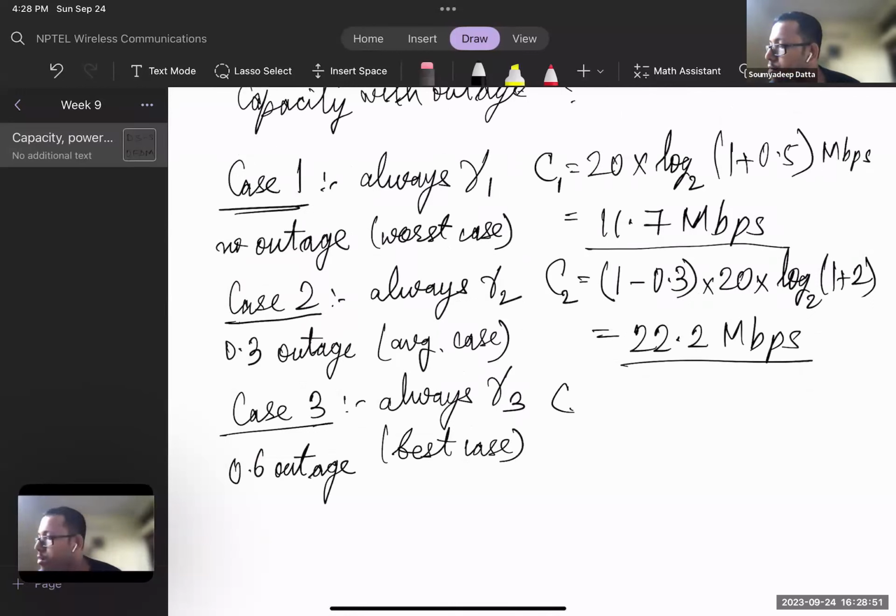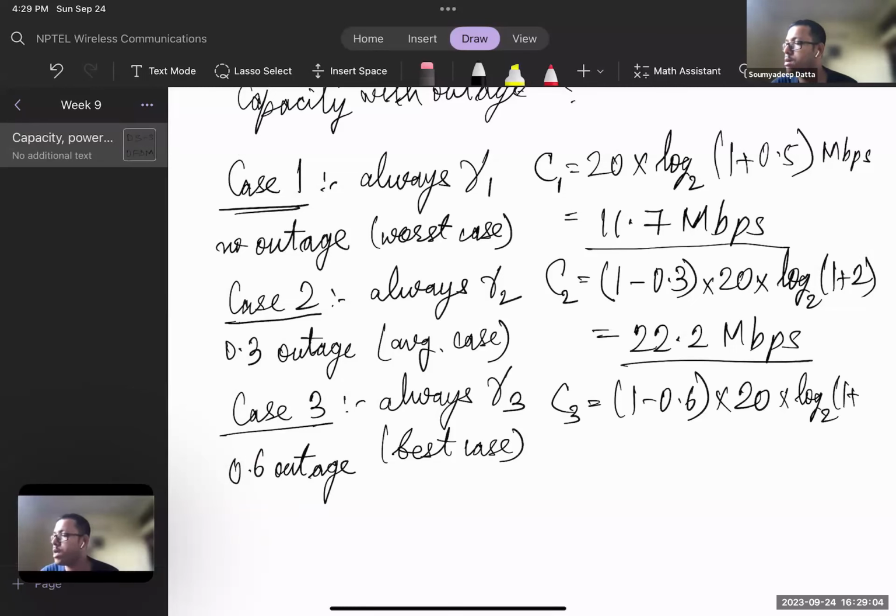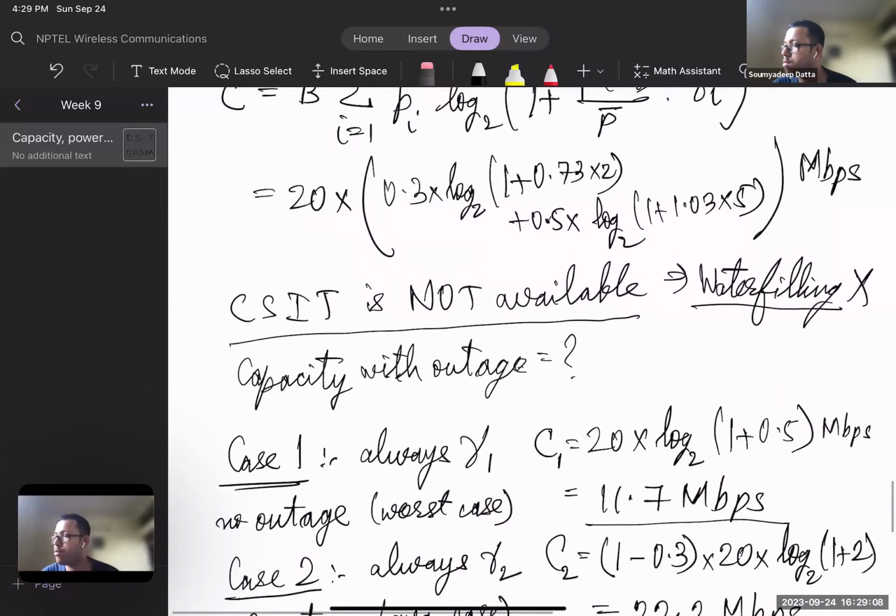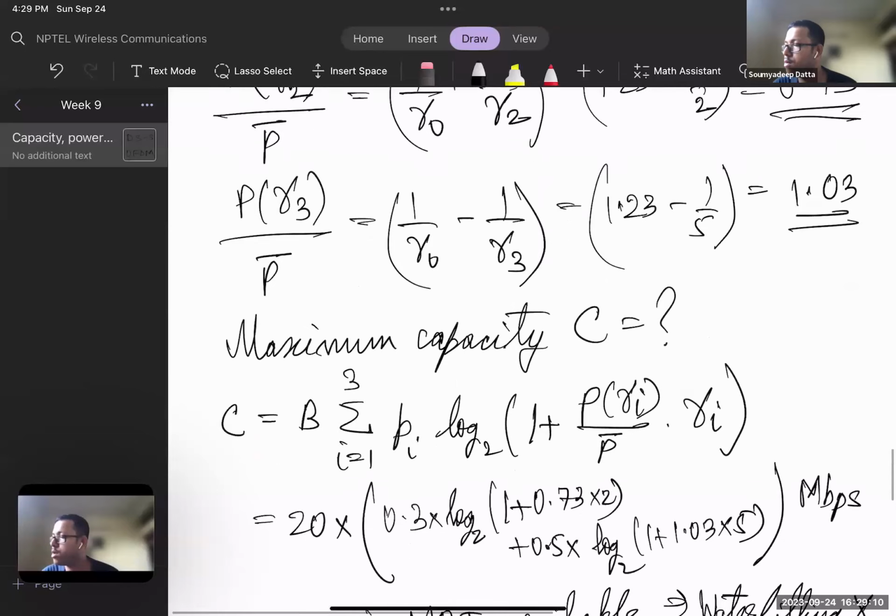So if we solve, this means that with 60% outage probability, we are solving. So we have 60% outage. So for the rest 40%, let's see what rate can be obtained. And gamma 3 was 5, I believe. Right? Yeah, gamma 3 was 5.